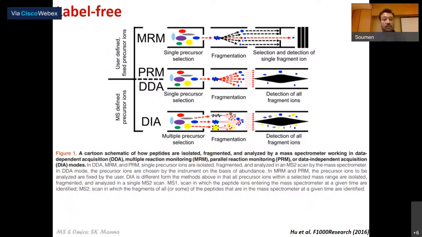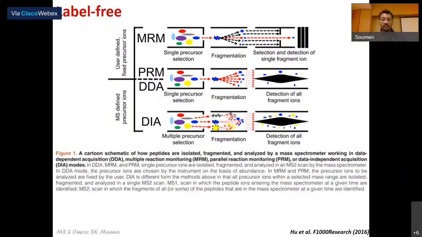So in that case, you have to depend on the ability of mass spectrometers, for example data dependent or data independent acquisition methods, where you can look at a specific precursor mass and a specific daughter mass, monitoring the intensity of this parent and daughter pair.